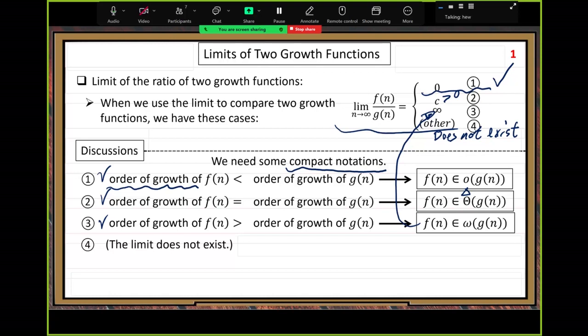So we introduce these 3 asymptotic notations, and we have 3 more next time. So let's continue this topic next time.